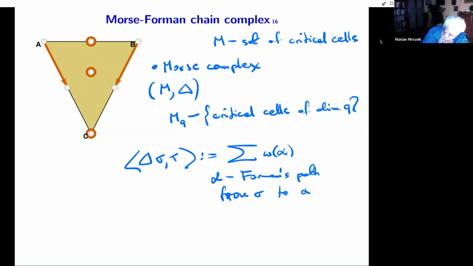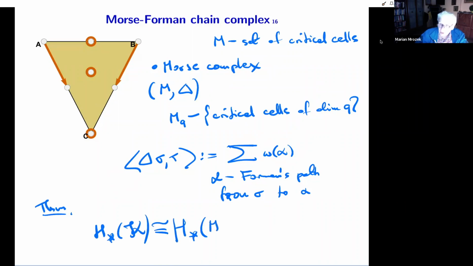But the theorem, which is the analog of the classical theorem of Morse theory, is that the simplicial homology of this simplicial complex is isomorphic to the homology of this abstract simplicial complex constructed of these critical cells and this boundary operator.